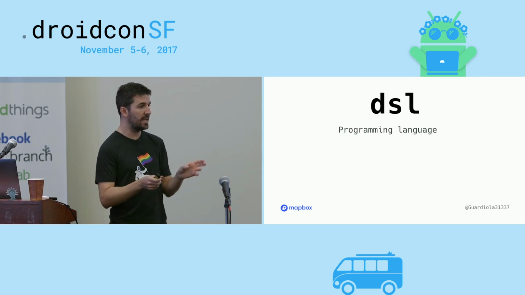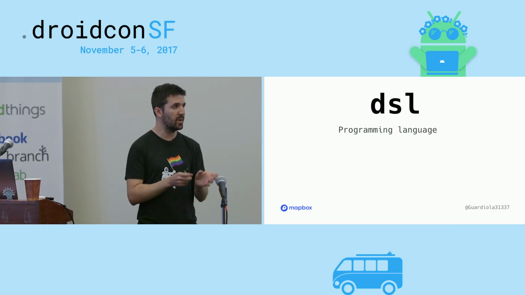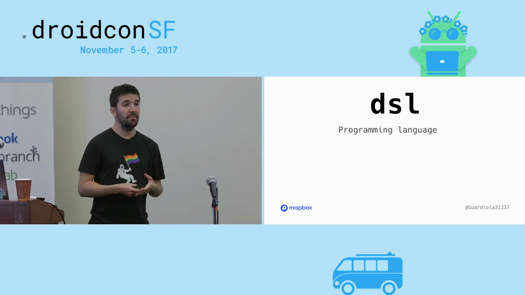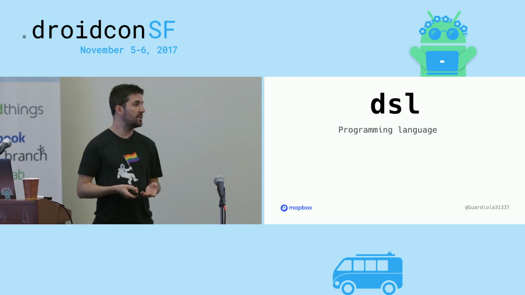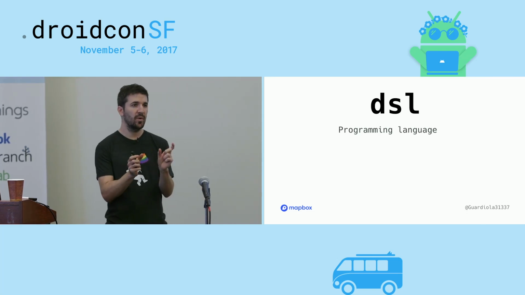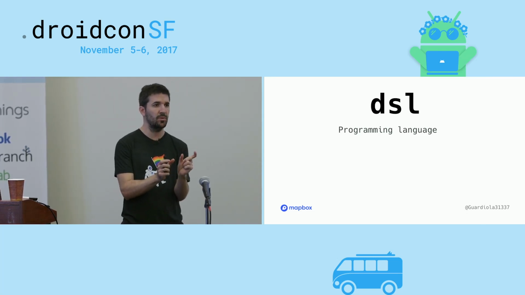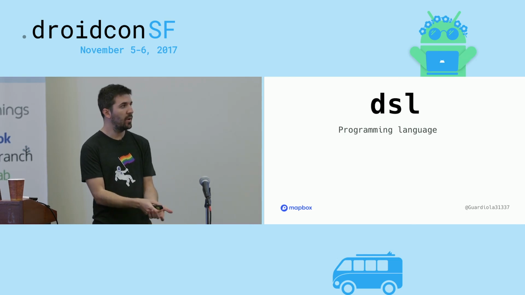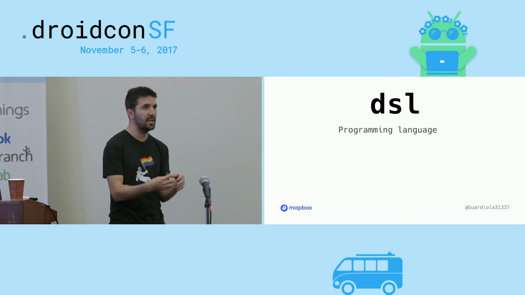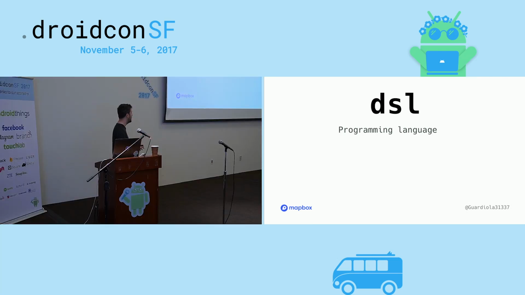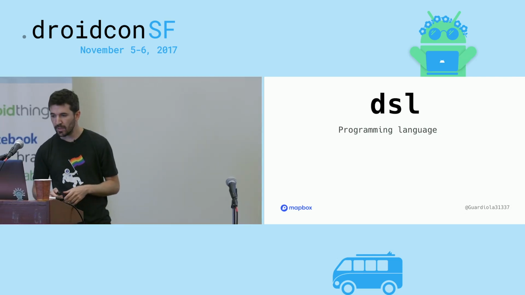We want to create a concrete language which is going to execute something in a computer. We sometimes try to create a language which is really similar to an actual language, and we normally fail because we try to make it quite general, and that's not the goal of creating a DSL.